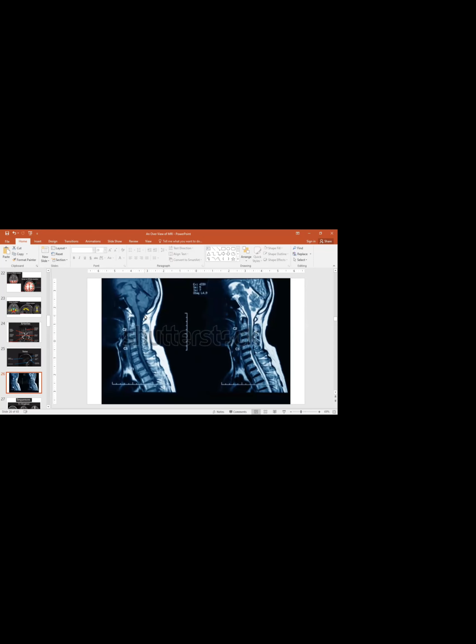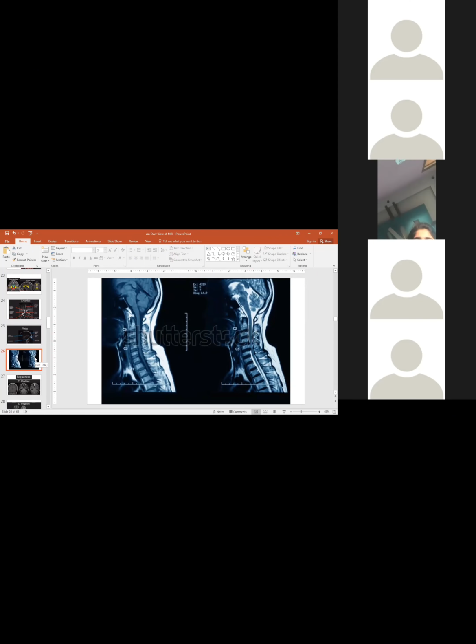This is the T1 weighted image, and this is the T2 weighted image. If given an opportunity again, I will discuss these sequences in detail in subsequent lectures.